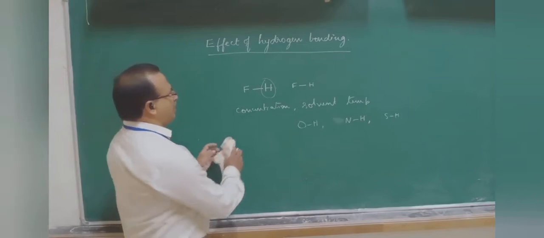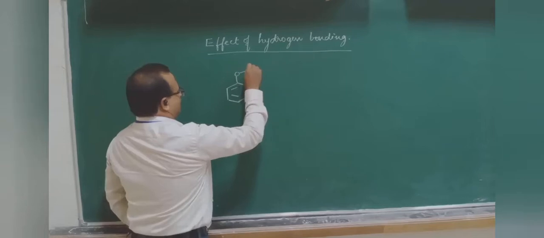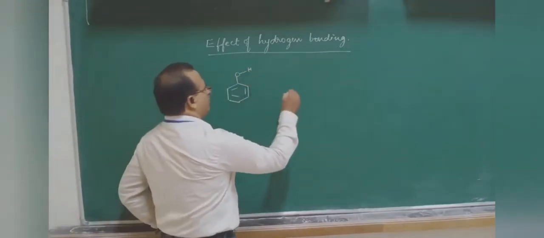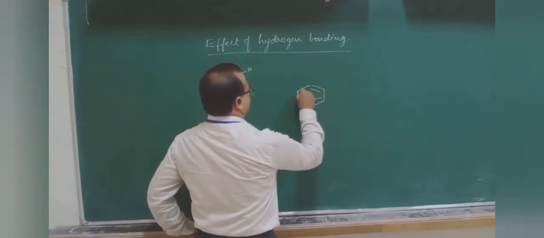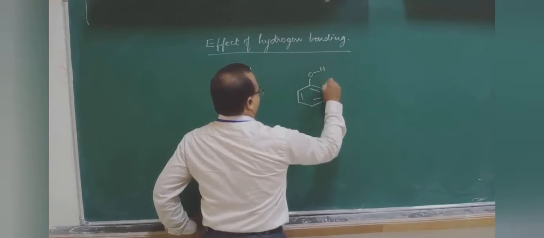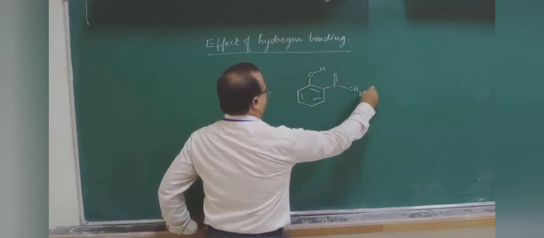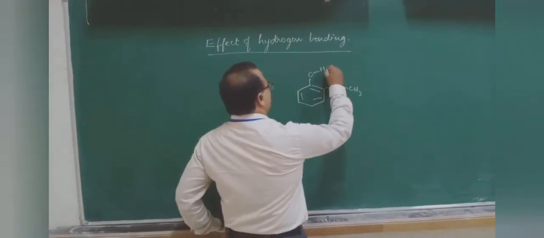Intramolecular hydrogen bonding also deshields. We'll take some examples. This is a phenolic proton and another proton, in ortho-hydroxyacetophenol. Here there is an intramolecular hydrogen bonding.